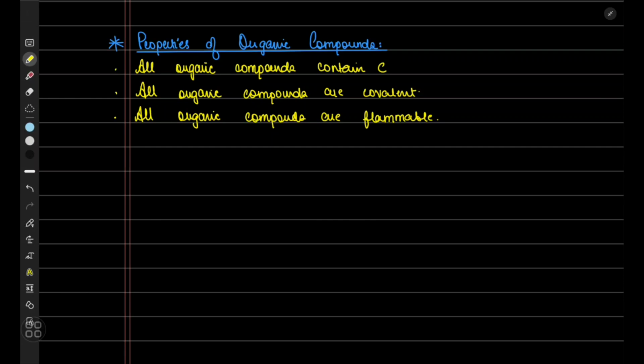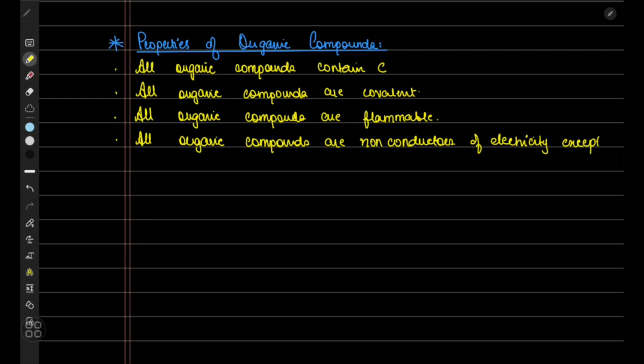Next, all organic compounds, essentially speaking, are non-conductors of electricity, but we have some organic compounds which are conductors of electricity as well, which are conducting polymers, and we'll be studying them in this syllabus. So all organic compounds are non-conductors of electricity, except of course the exception I've named, conducting polymers.